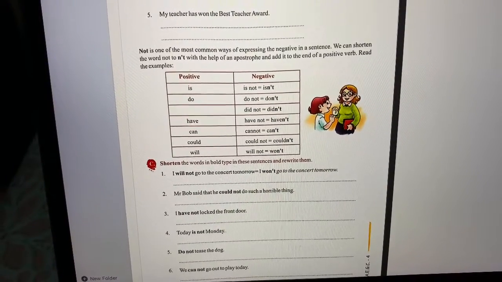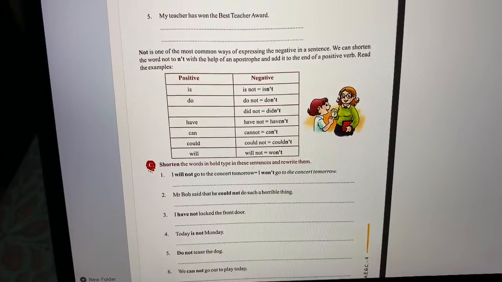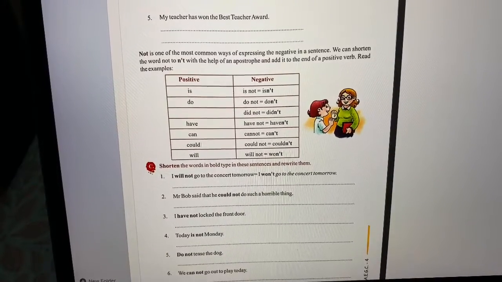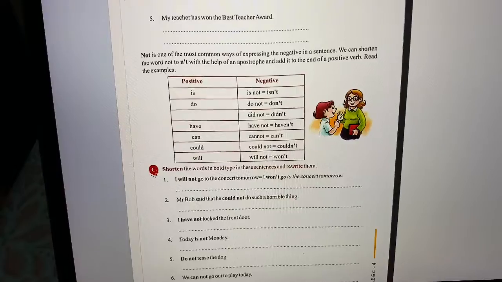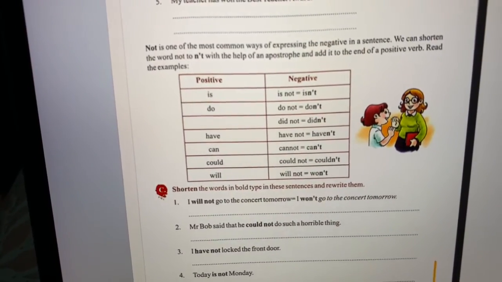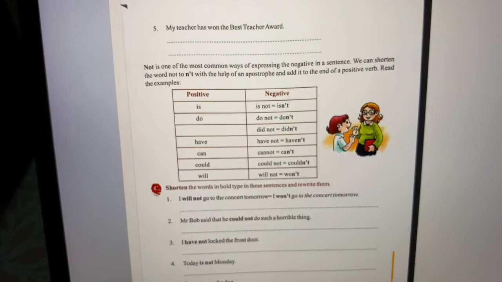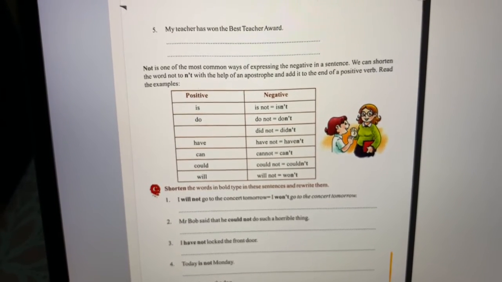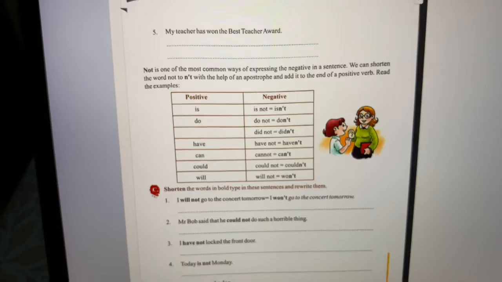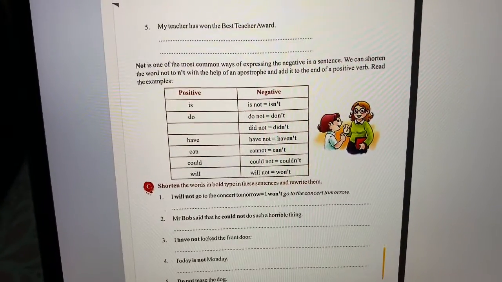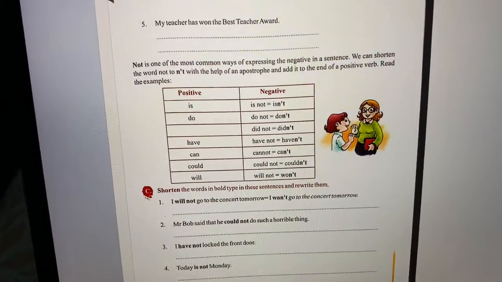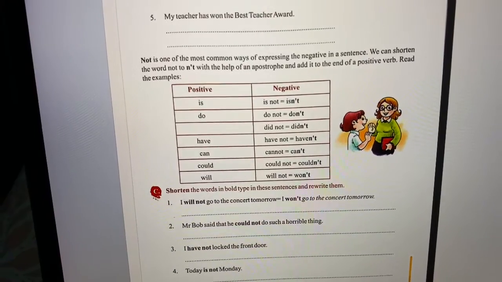If you had to make it negative and it was is not, that can also be expressed as isn't. So is not becomes isn't, right? So do is a positive, and then if you want to make it a negative, it's do not. It can also be written as don't, again by putting a N apostrophe T.